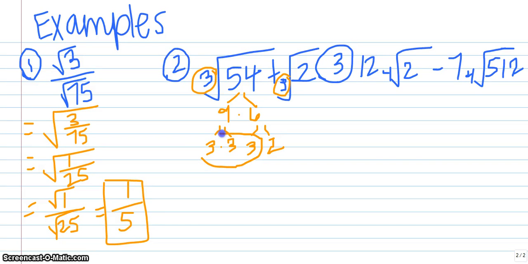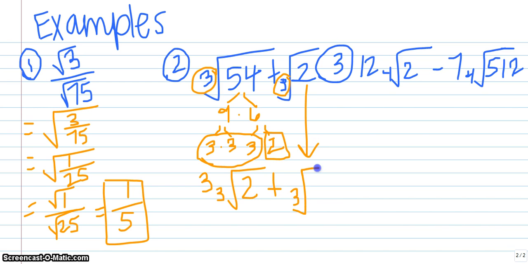And in this case, I have one group of 3, and so I'm going to pull that out. So I have 3 cube roots of 2. So whatever's left, which would be this 2, goes in the inside, plus I'm going to carry down my cube root of 2. So my final answer is I have 3 cube roots of 2 plus 1 cube root of 2. So I have 4 cube roots of 2.